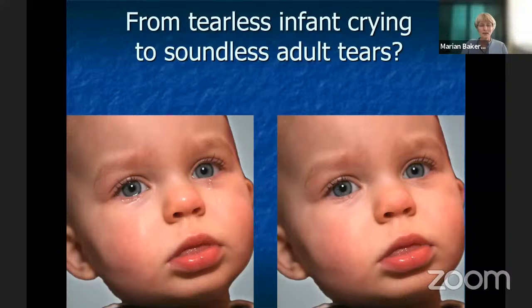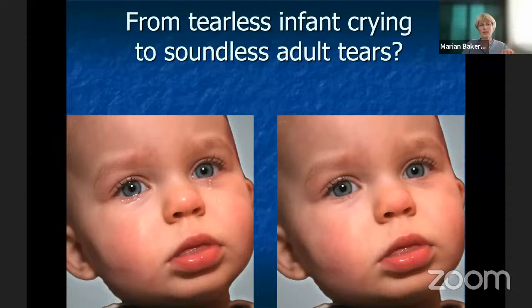And with an MRI study, we examined brain activity during the perception of infant and adult tears. In the MRI scanners, participants were exposed to 8 adult photos with tears, 8 without tears, and 8 infant photos with tears and 8 without tears. And they all had a neutral expression, such as the infant faces here.